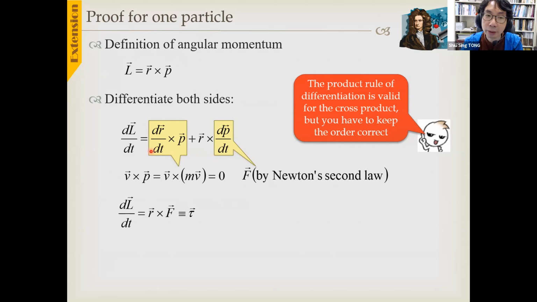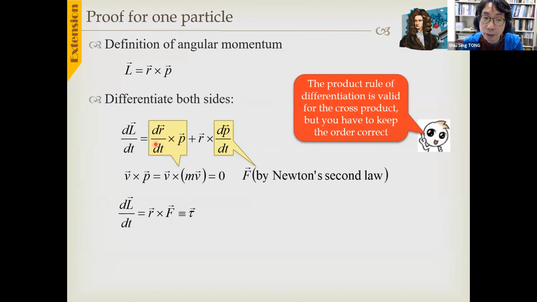We only have to bear in mind that the order of the two vectors does not change, and we apply the product rule in the same way as we apply it to scalar quantities. Now let's take a look at this expression. Let's take a look at the first term. We have dr/dt cross with p, but dr/dt is a velocity, is that right?